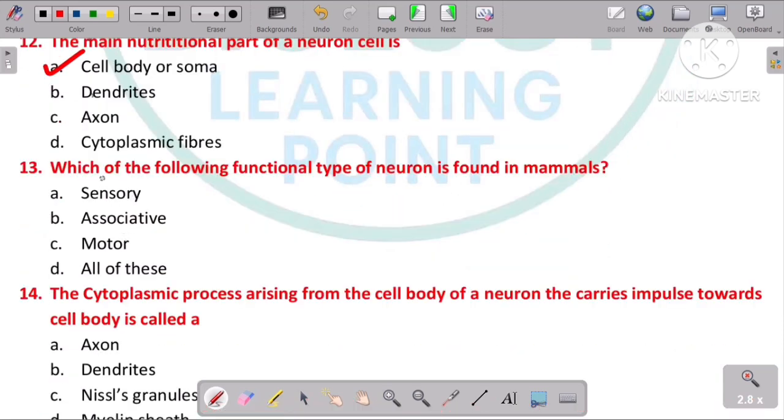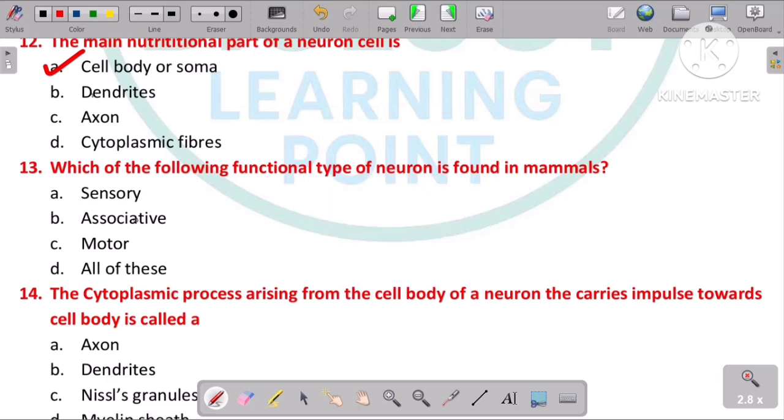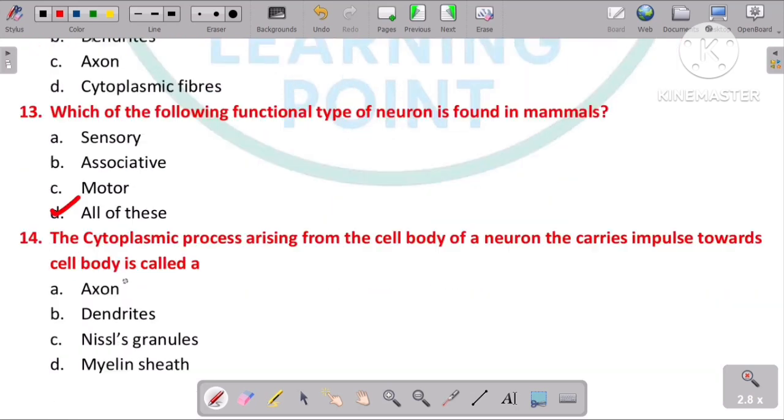So the next question is: which of the following functional types of neuron is found in mammals? So the right option is option D, all of these.